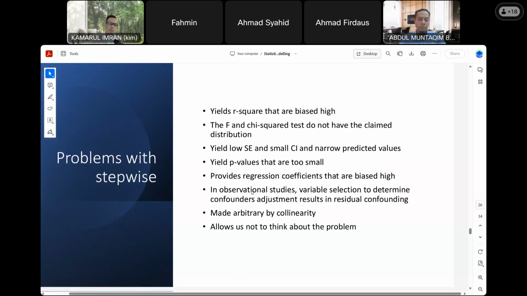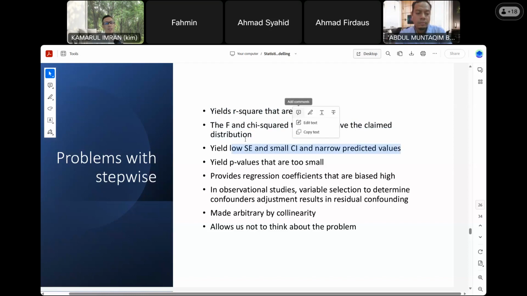So they say that if you do stepwise, you can get a high R square value, but the R square values are basically biased. Okay. And then the F and chi-square tests do not have the claimed distribution. And then it will give you a low standard error and small CI, and also narrow predictive intervals that are not valid.